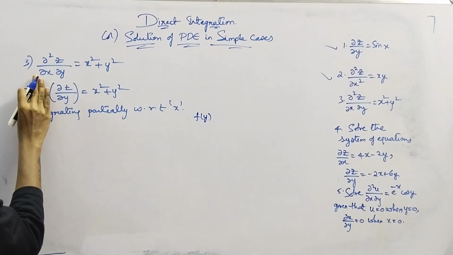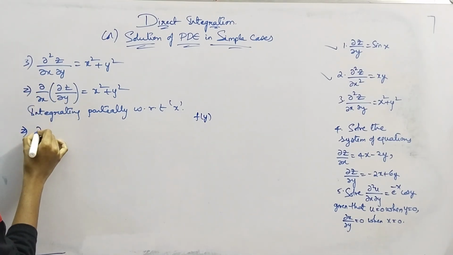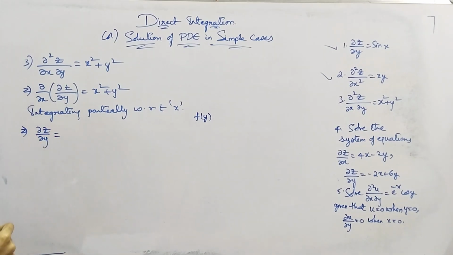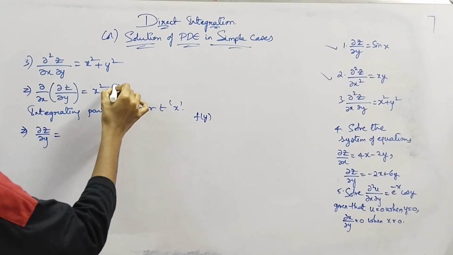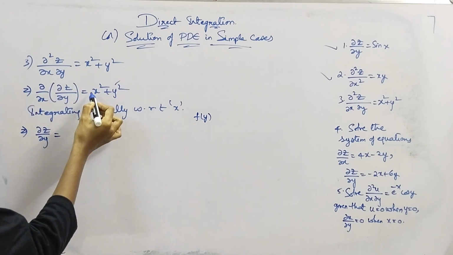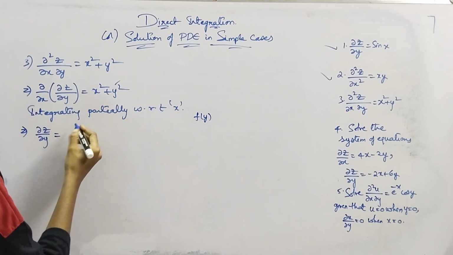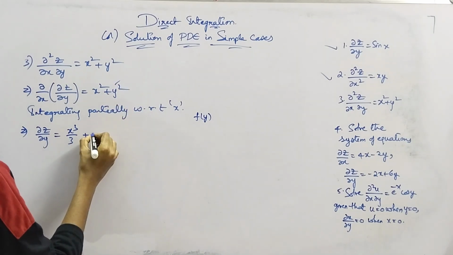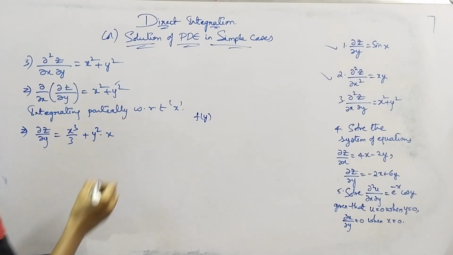Now let's see. While doing integration, this dou by dou x disappears and you'll get dou z by dou y equal to, and what you are going to treat as constant, here y square is treated as constant. And integral x square is x cubed by 3 plus this constant into x.